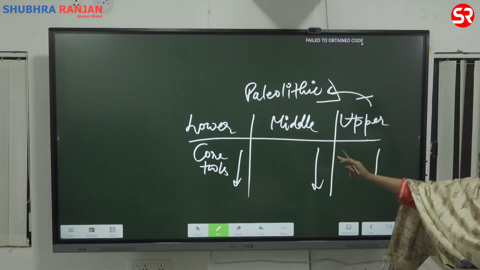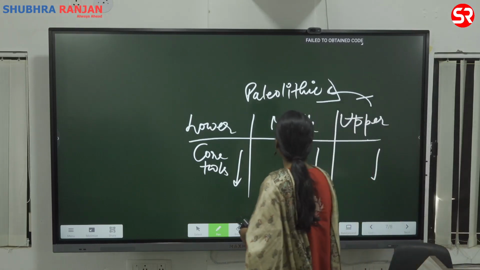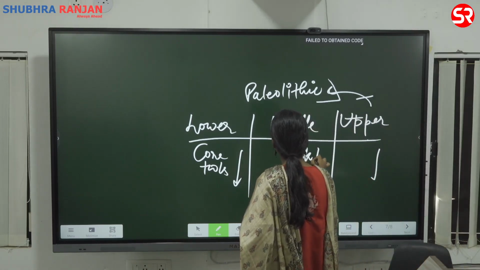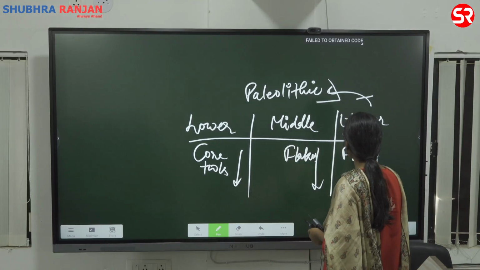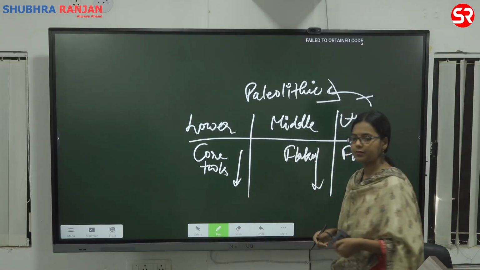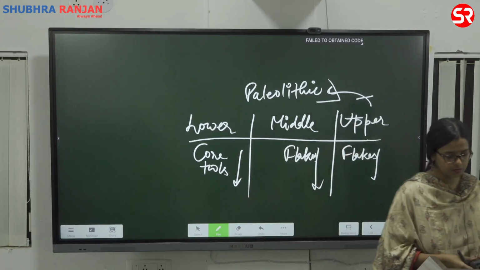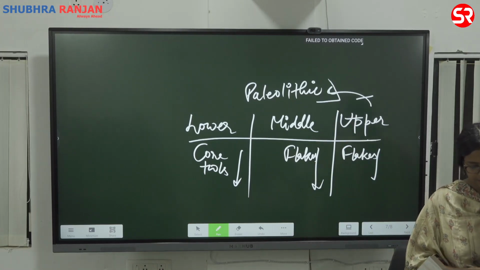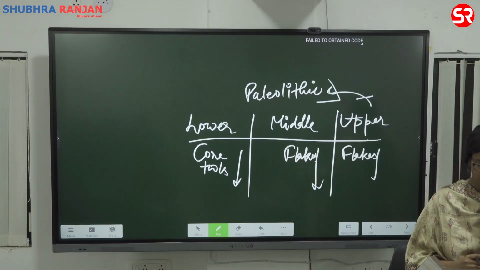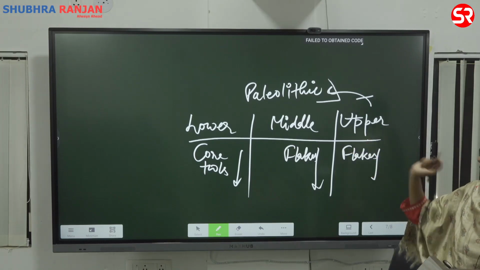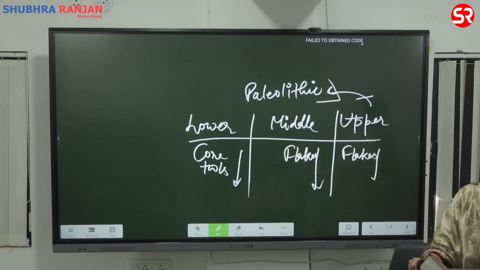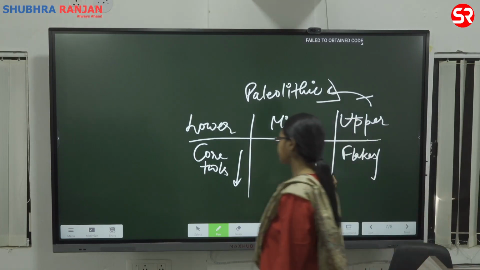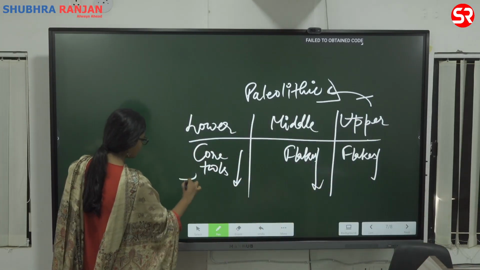So write core tools, flakes, here also flakes, flakes and flakes. So when we are talking about lower Paleolithic, what is going to be the primary tool?